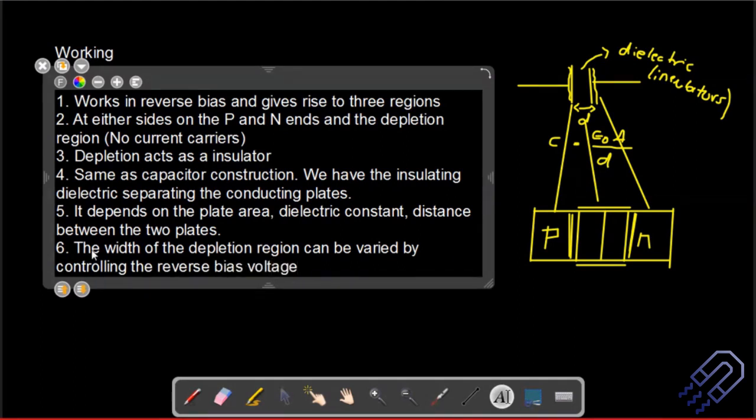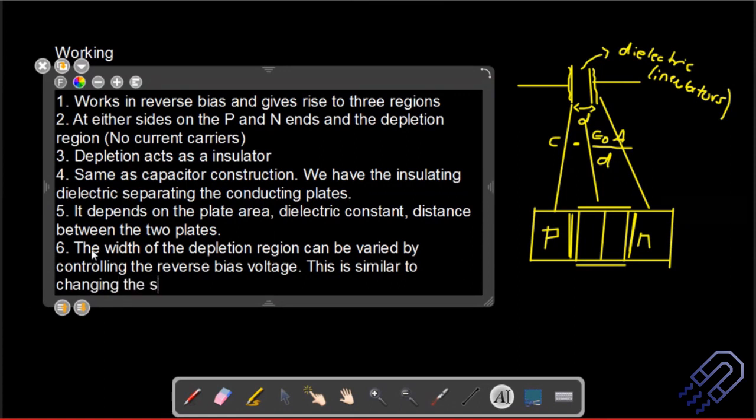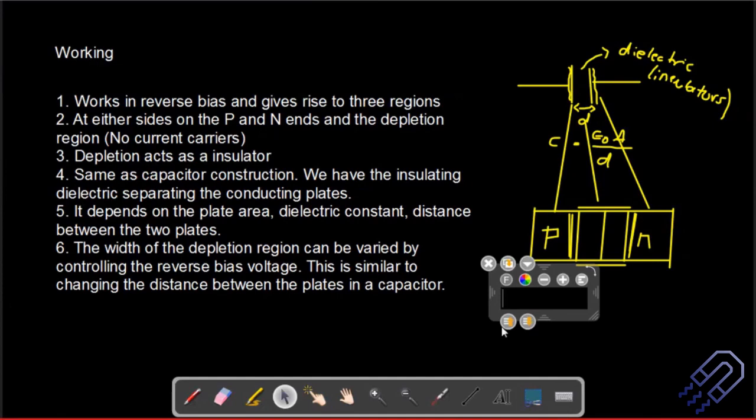This is similar to changing the distance between the plates in a capacitor. If we consider it in terms of a capacitor, we really understand how it looks. This is something similar here.